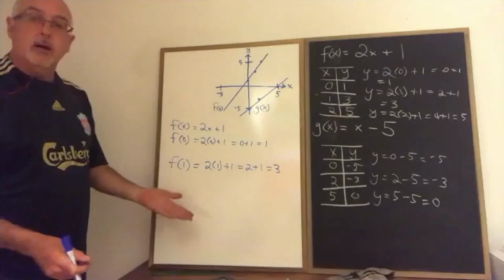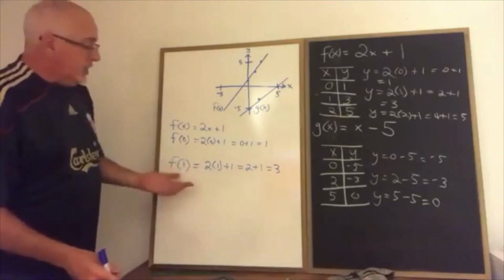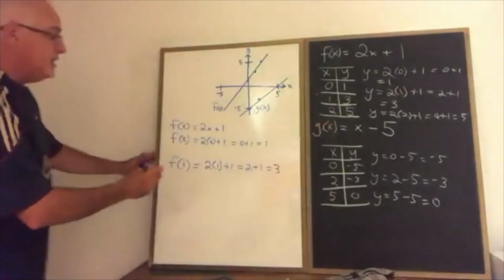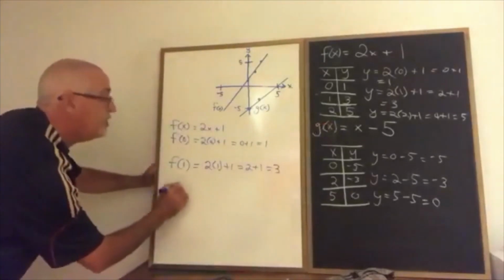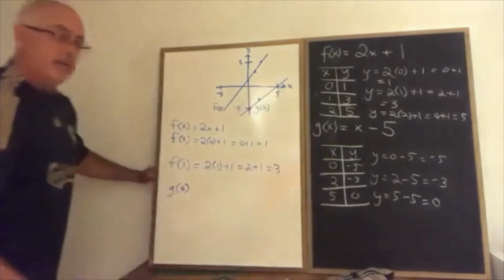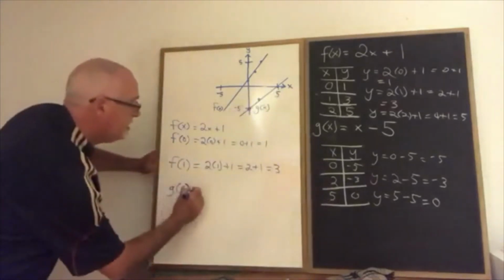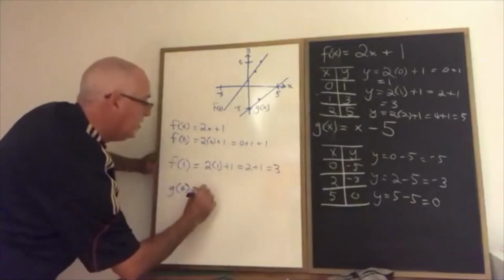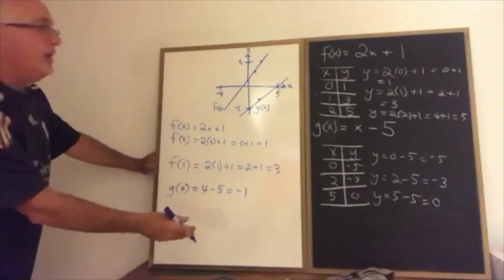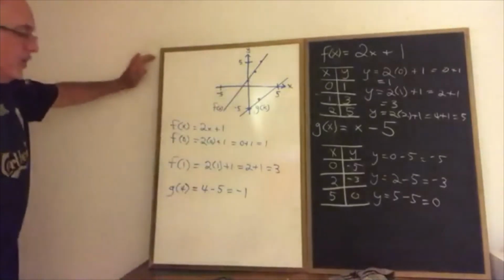Well, of course, I can also answer a question in a similar way for g of x. So I can write, for instance, g of 4, which is not one of the points I found the first time. G of 4 has to be equal to 4 minus 5, which is negative 1. I just found another point that I could put on my graph if I want.